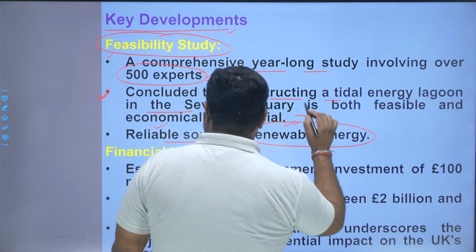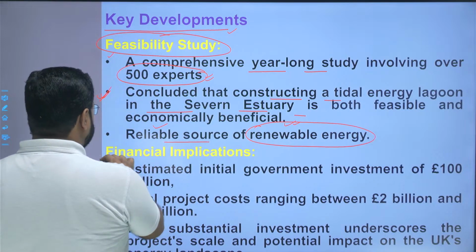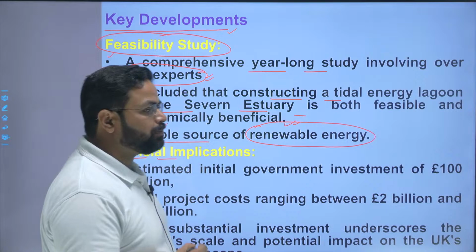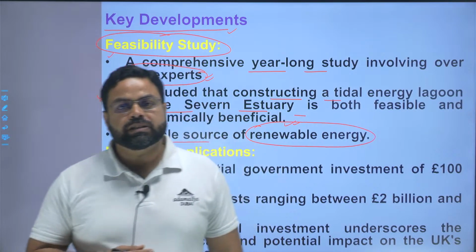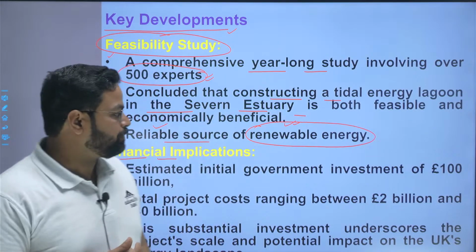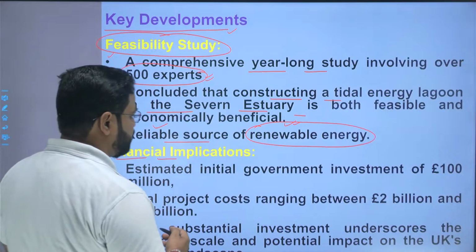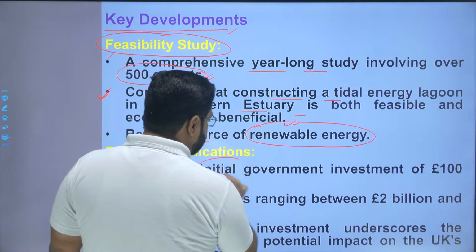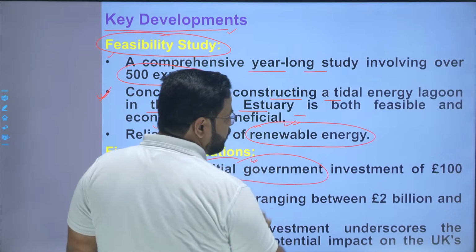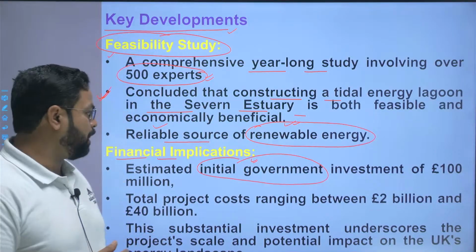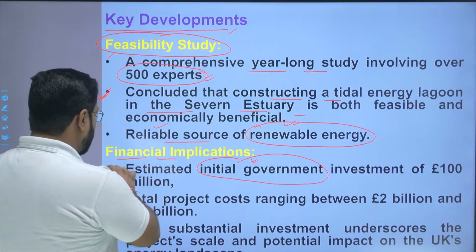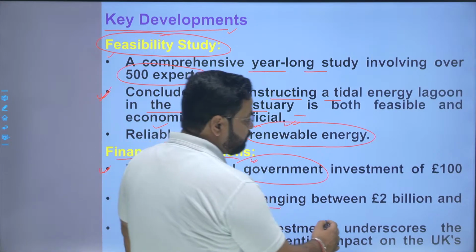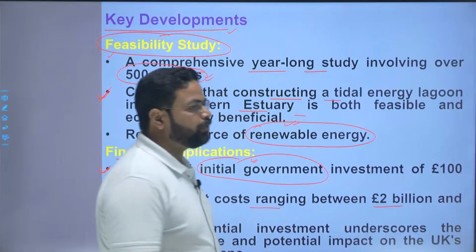However, the financial implications were also studied. The initial government investment needed for this project will be around 100 million pounds, but it may go up to between 2 billion pounds and 40 billion pounds.